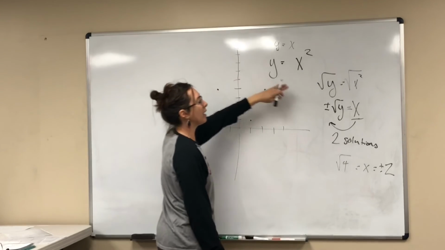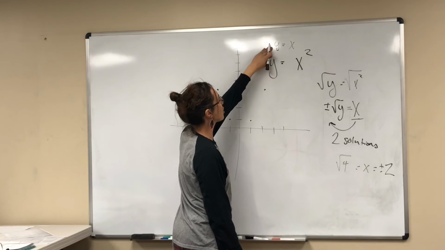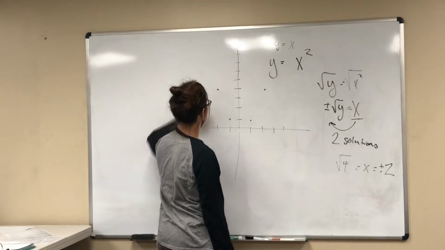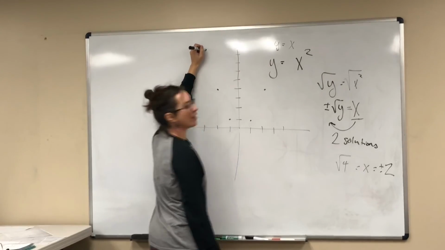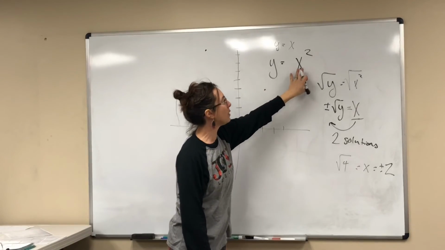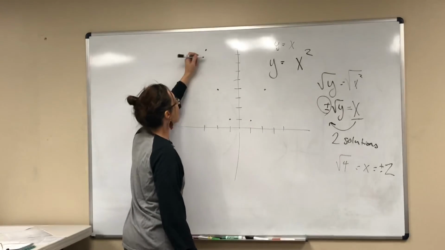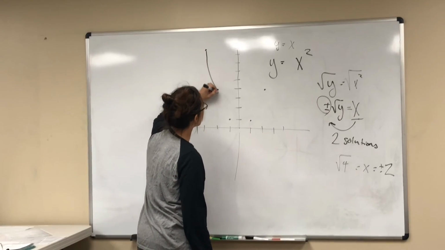So when y is 9, I have the solution that x is 3. X is also negative 3 when y is 9. Because when we take the square root, we get two solutions, we now have two parts of our graph.